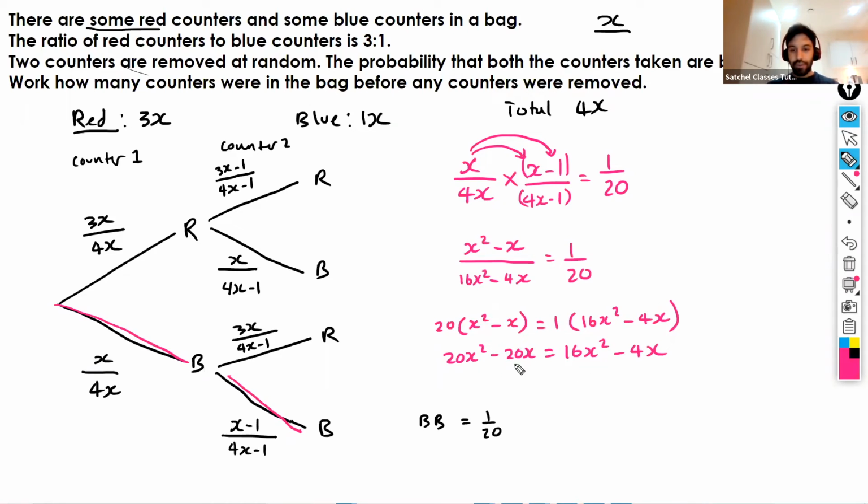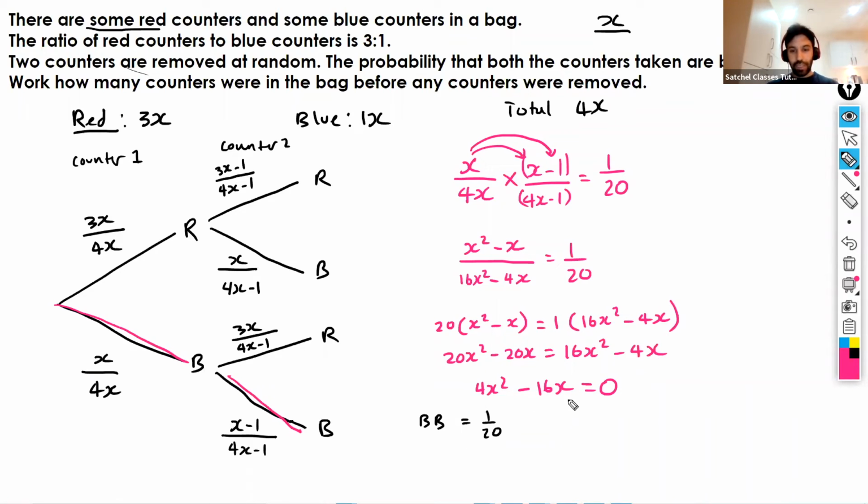Now I need to rearrange so that one side of the equation is equal to 0. If I take away 16x squared from both sides, I end up with 4x squared, and if I add 4x to both sides, I end up with minus 16x is equal to 0.